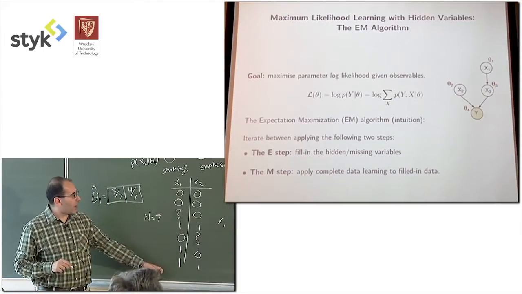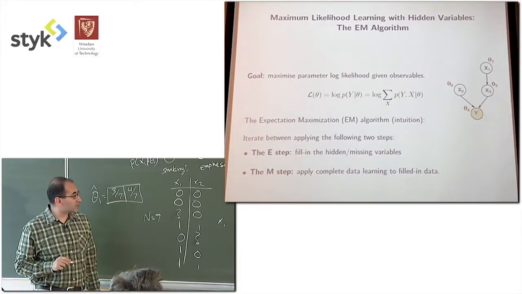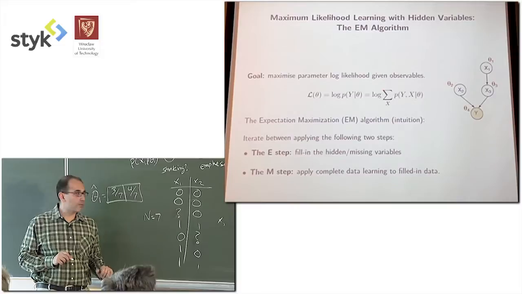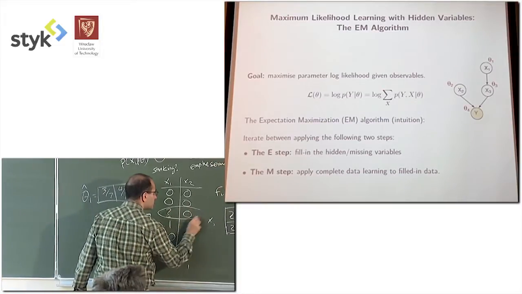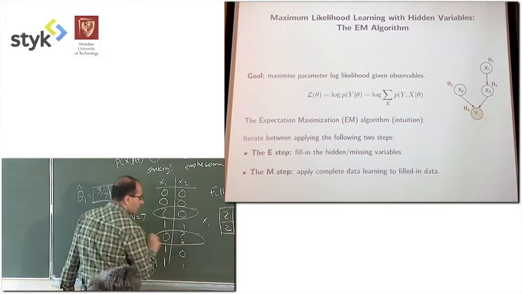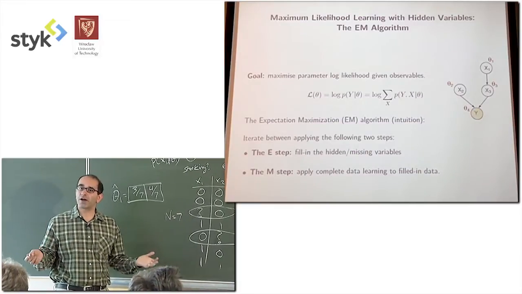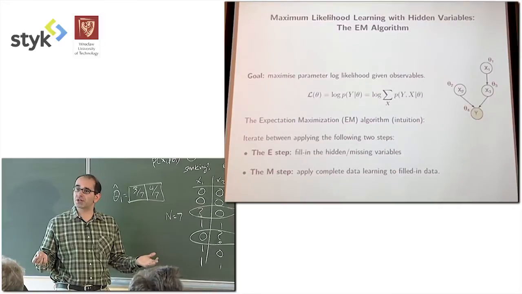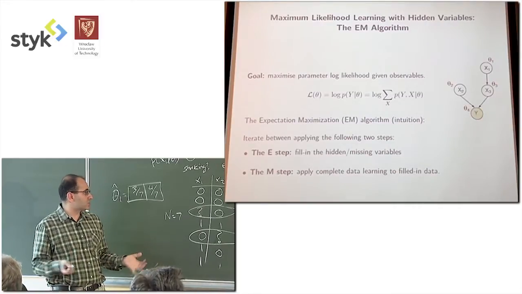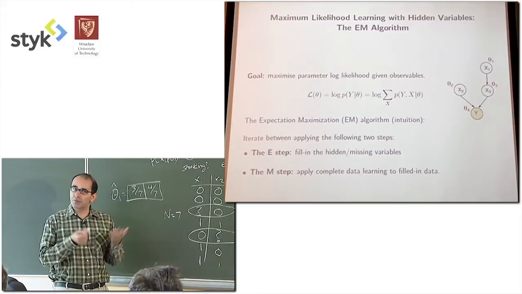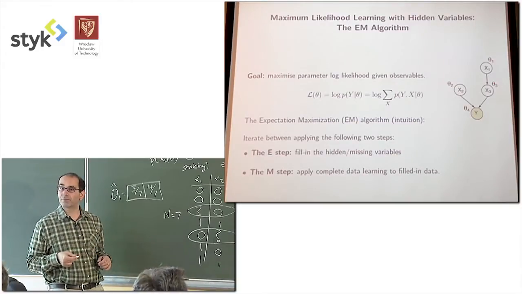So now I have 7 patients. For 5 of the patients, I've observed everything. But for 2 of the patients, I have some missing data. Now, this is a very, very important realistic situation. In many situations, when you collect data, some of the entries are missing.